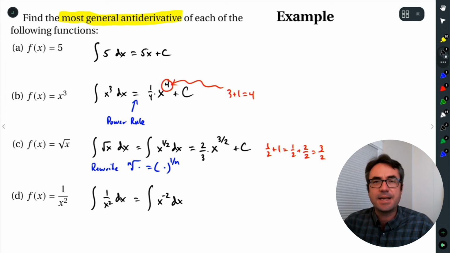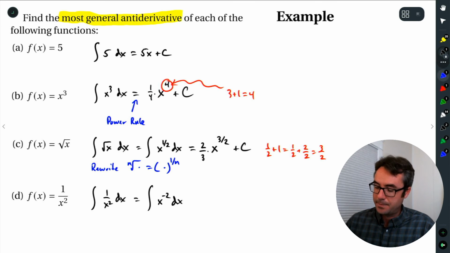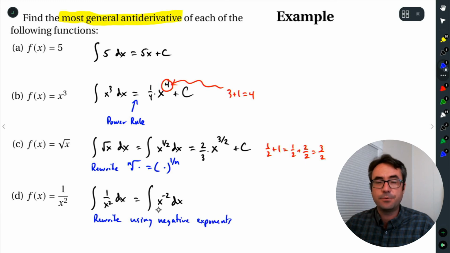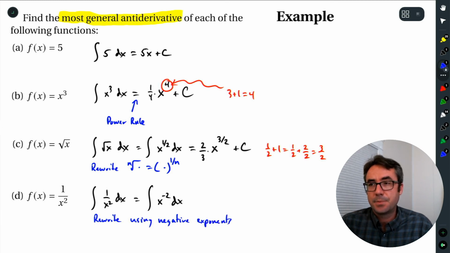We're going to rewrite that as x raised to the negative 2 power. These are all very similar strategies that we would use for derivatives. So now we want to find the integral of x raised to the minus 2 power. We want to find that antiderivative.